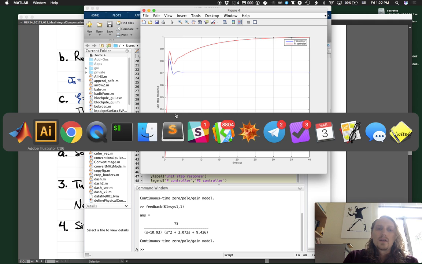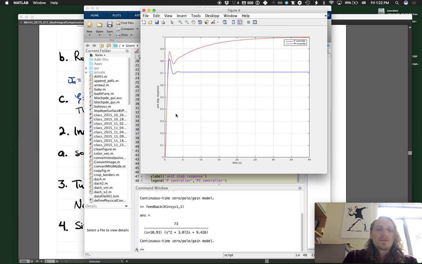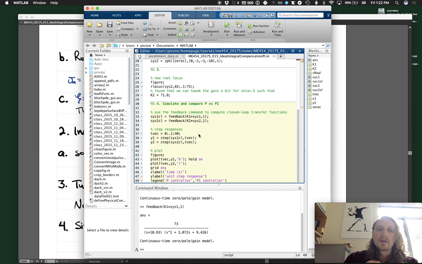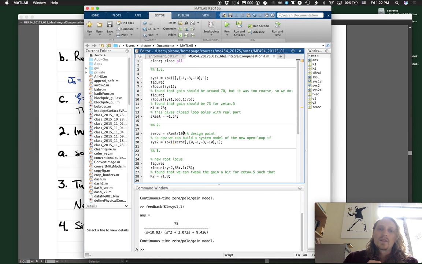Well, going back to our script, we could play with moving this 0 further to the left. If we made the 0 further to the left, then that integrator pole, as we increase the gain, is going to move to the left. It's going to get a more negative real part, and will decay faster.